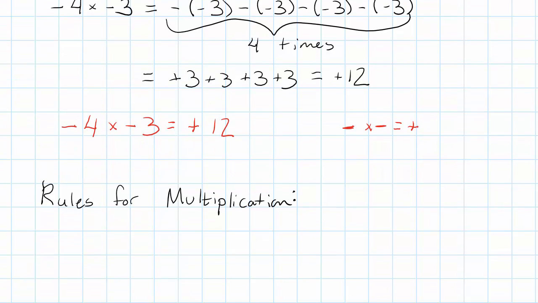What are the rules? A positive times a positive is a positive. A positive times a negative is a negative. A negative times a positive is a negative. And then finally a negative times a negative is a positive.